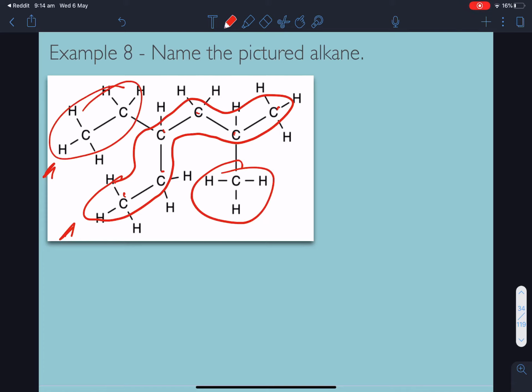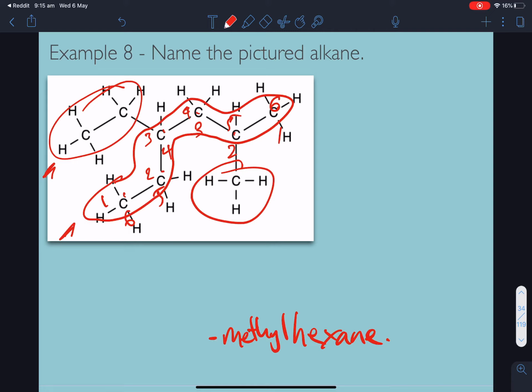Okay, thinking about the numbers, it's not obvious because these branches are in the middle, so I'm going to try the different ways. 1, 2, 3, 4, 5, 6, or 1, 2, 3, 4, 5, 6. Okay, so let's start to write it. I know I had a hexane, and I've got a methyl and an ethyl. The E of ethyl comes before M, so working from the end, it's a methyl hexane.